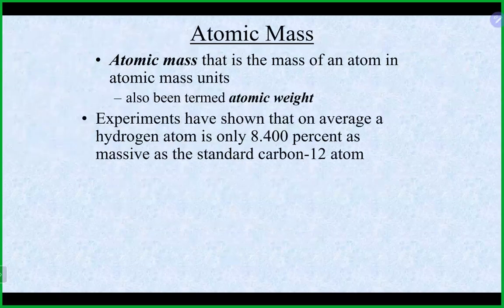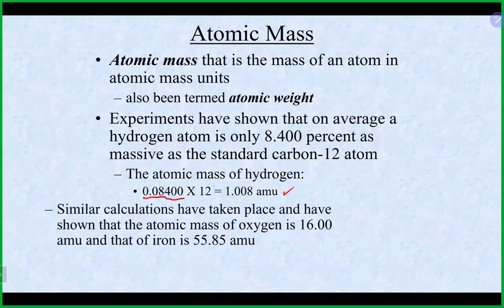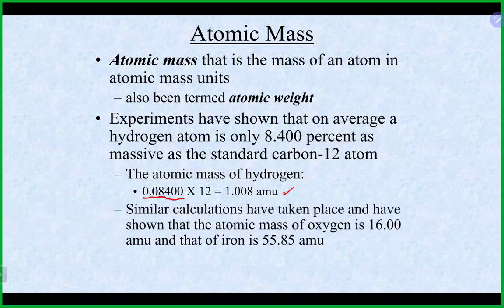So what they did was they showed through experiments that something like hydrogen is only about 8.4% as massive as the carbon 12 standard isotope. So they just did a little bit of math here. They took about 8.4%, converted it into a decimal, times it by 12, and they came up with 1.008, which again is what we see on the periodic table for the atomic mass of hydrogen.